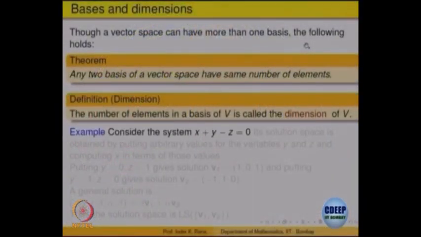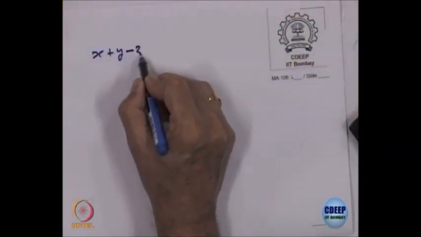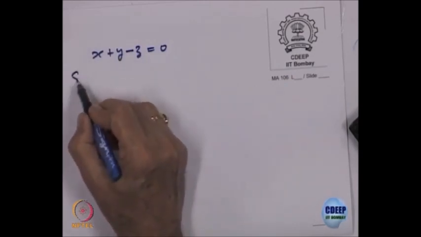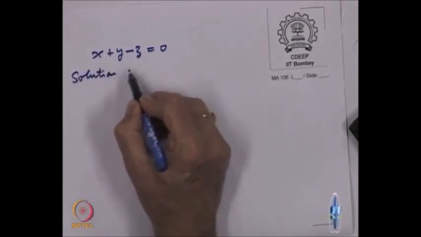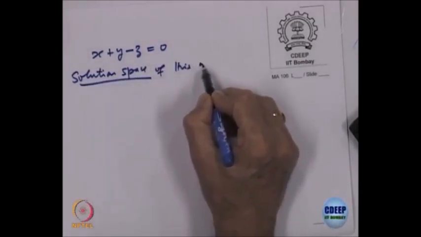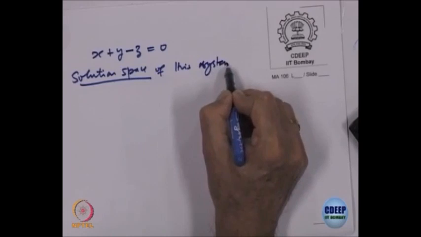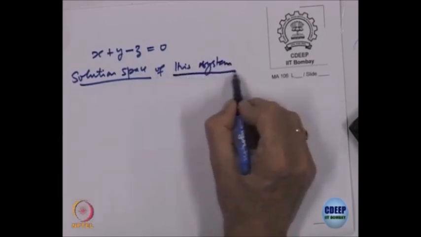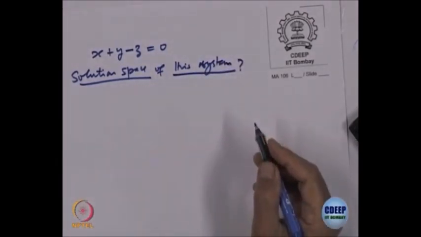So let us look at some more examples. Consider the system x plus y minus z equal to 0. We want to look at the solution space of this system.